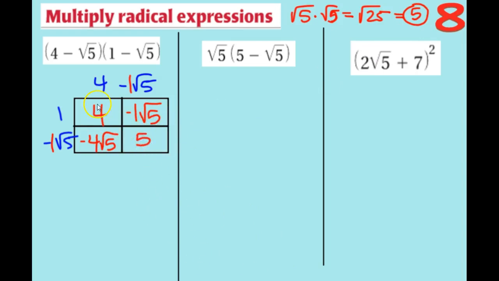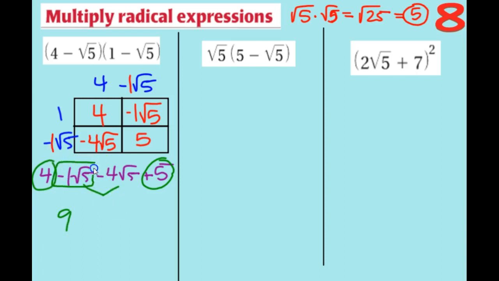So if we write all of this out, we have 4 minus 1 square root of 5 minus 4 square root of 5 plus 5. So we're going to combine our like terms. Well, 4 and 5 are just numbers, so that gives us a total of 9. Then we can combine our square roots of 5. We have a negative 1 square root of 5 and a negative 4 square root of 5.